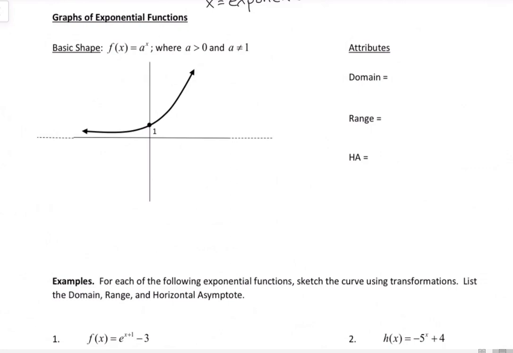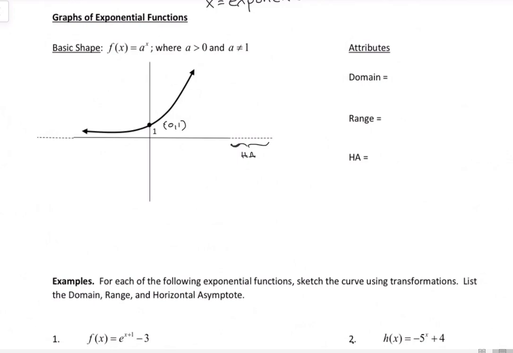The first thing to note about the basic shape is that there is a horizontal asymptote. That horizontal asymptote is identified in the graph by that dotted line. Now, when you look at the shape itself, the point that I have plotted here is the y-intercept, 0, 1, and that's the point that we're going to want to use in our transformation.